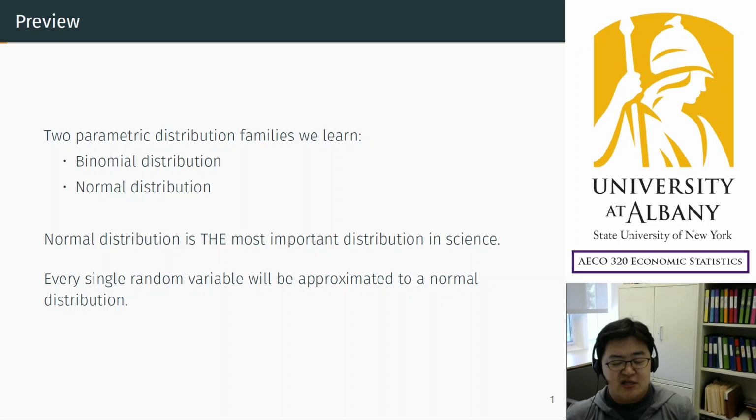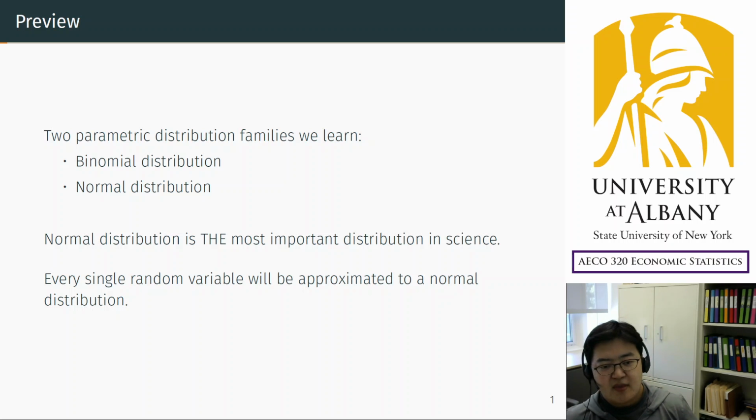And it is clear from the name. It is called normal. This distribution is normal. That means anything else is abnormal. So the name is pretty striking, a surprising name, but it's accepted. That shows how important this distribution is.